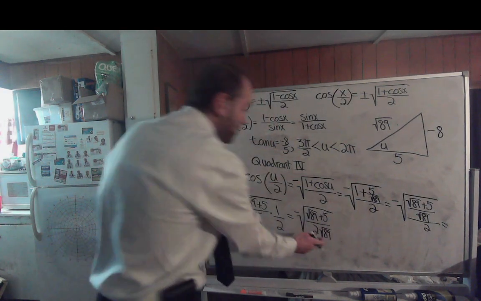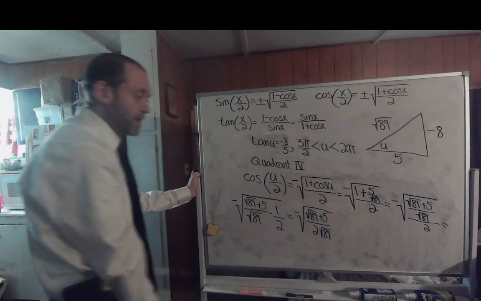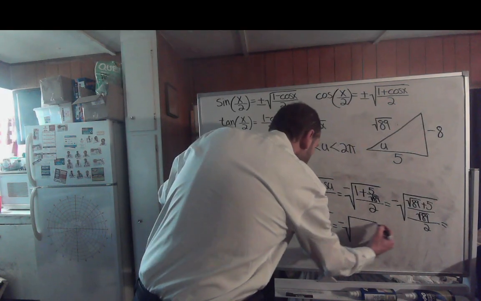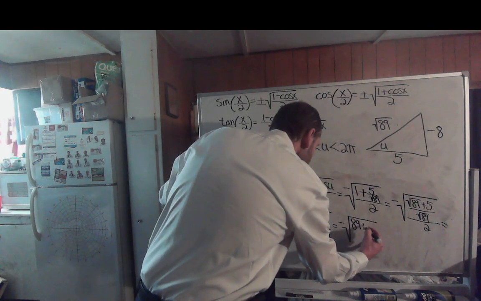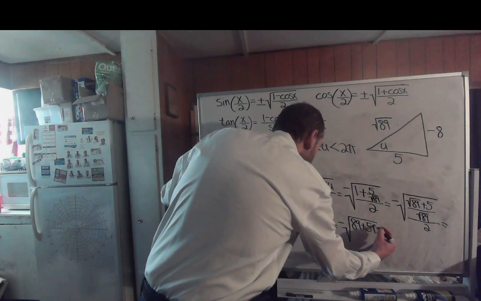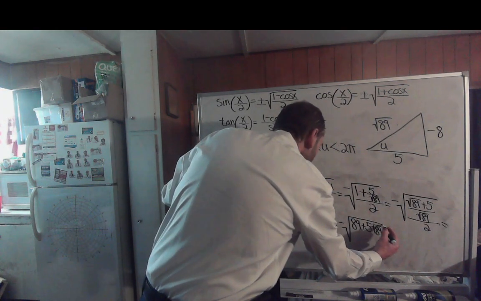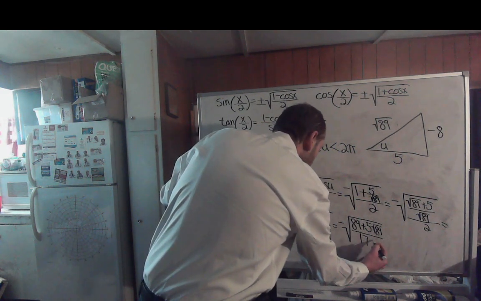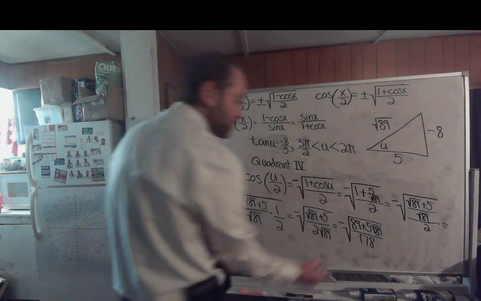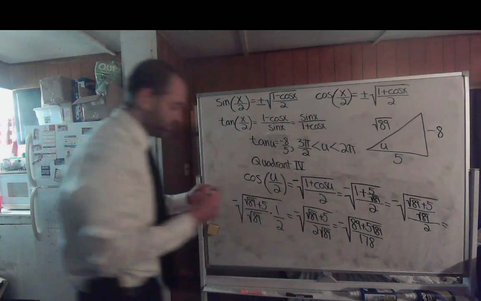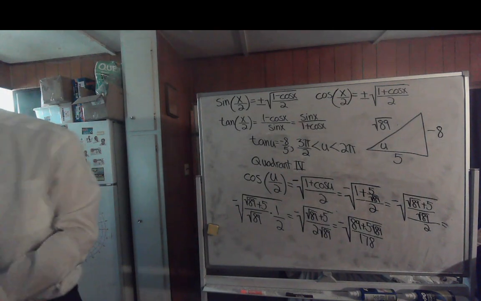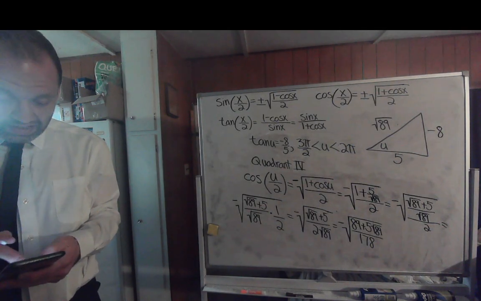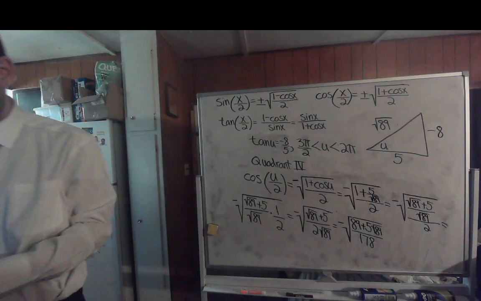Well, we should at least rationalize that denominator in the radical. So this is going to give you negative of the square root of (89 plus 5 times the square root of 89) all over 178, which we did not have any way to reduce. I don't think we did, at least. Nope, we didn't.